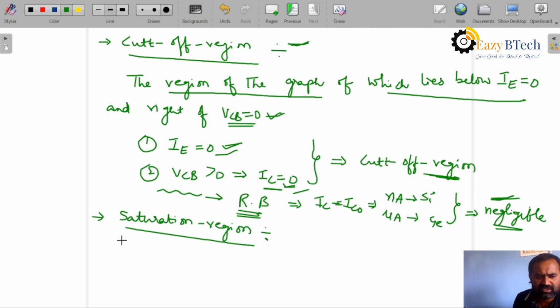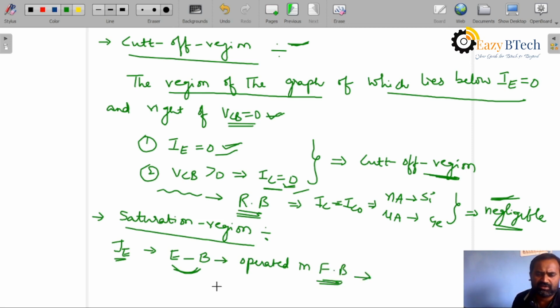The JE junction is nothing but the emitter to base junction, and it is operated in forward bias. That is saturation.